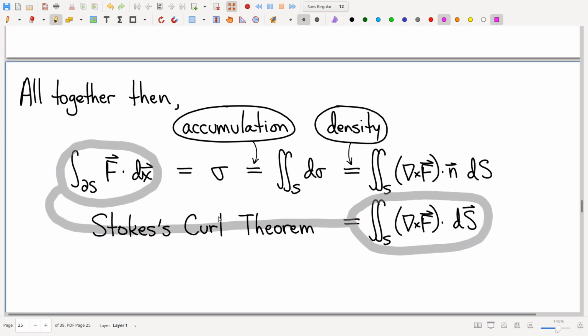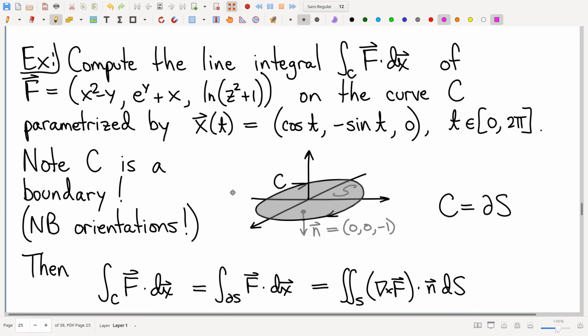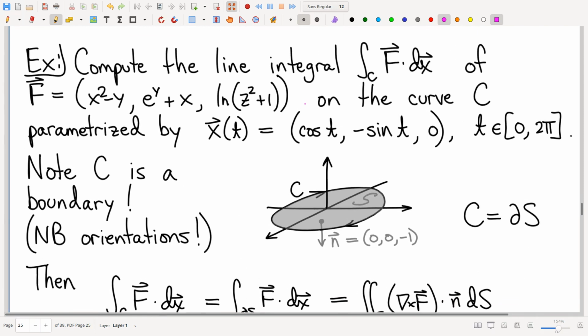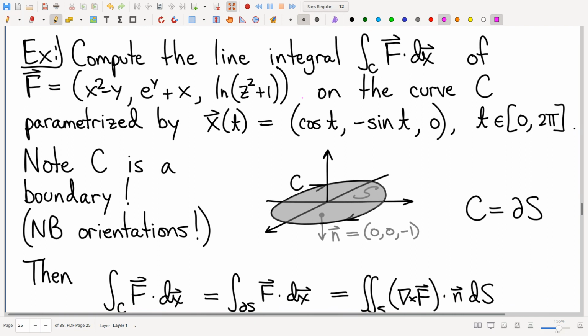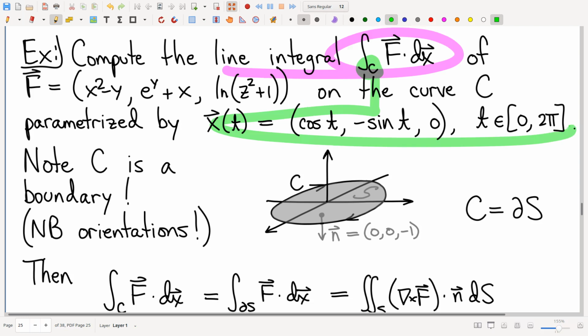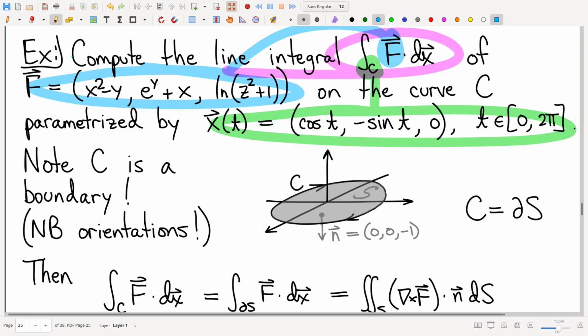Here we go. This example is not that different from our first example of Green's theorem. We're computing a vector line integral. We have a curve given, pre-parametrized. We have a vector field given. Given a curve, given a vector field, compute the vector line integral.